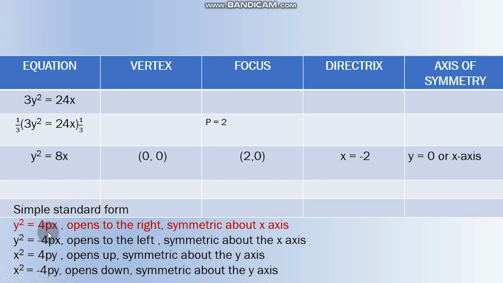What value of p makes 8 when multiplied by 4? It's 2, because 4 times 2 is equal to 8. So, p is 2.